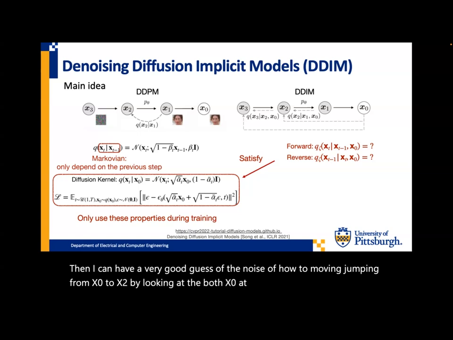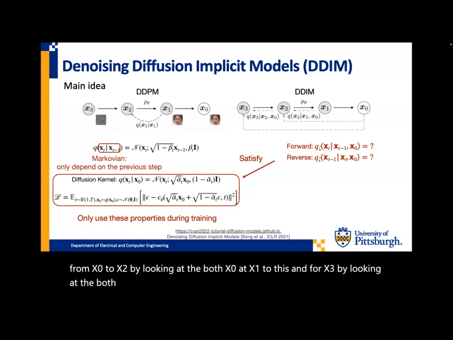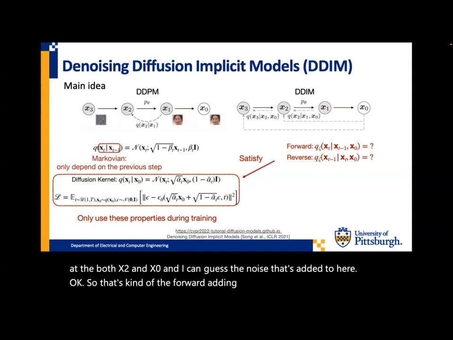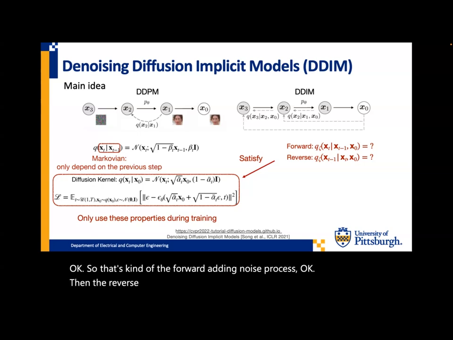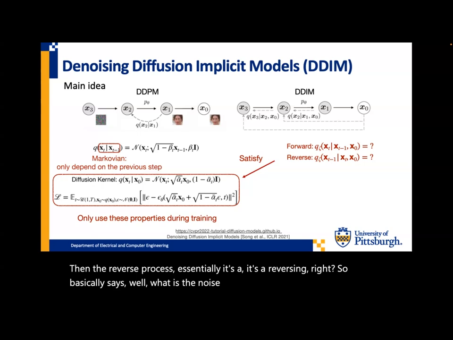And for x3, by looking at both x2 and x0, I can guess the noise that's added here. Okay, so that's the forward adding-noise process. Then the reverse process is essentially a reversing, right? It says, what is the noise coming to x2 if I know x3 and x0?